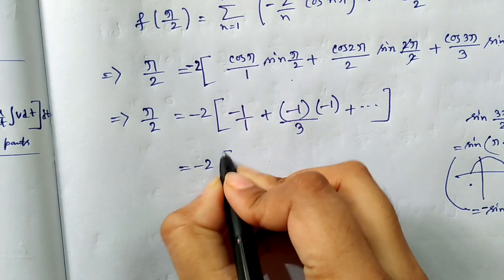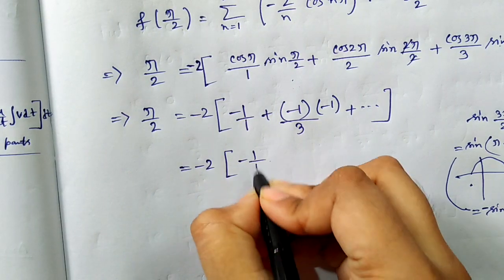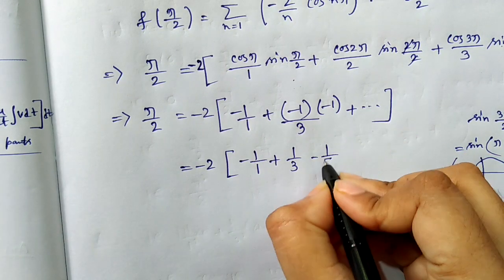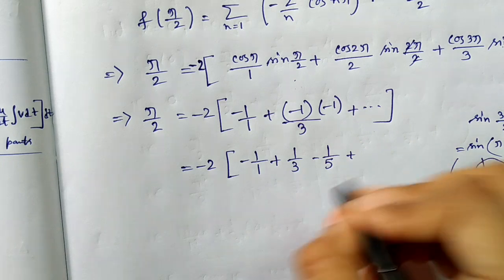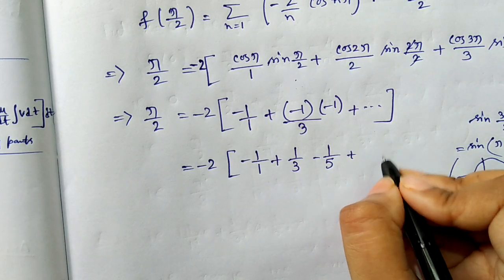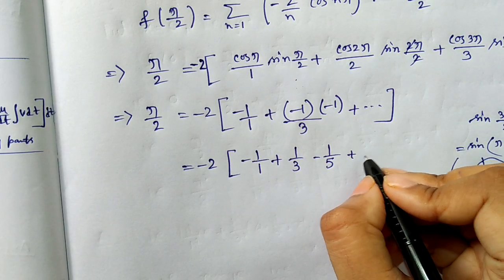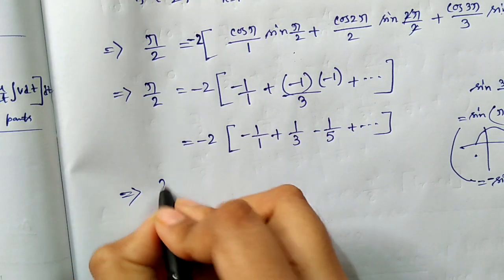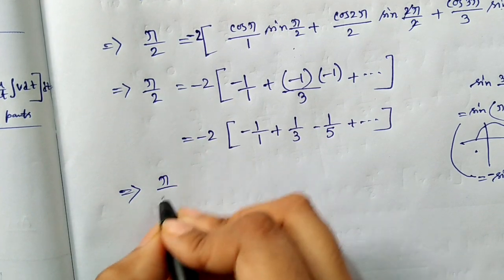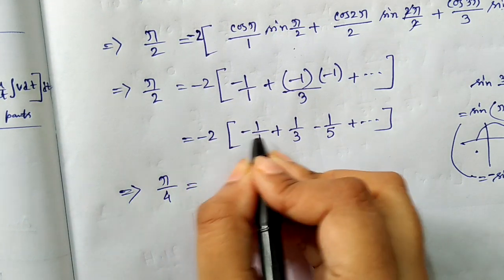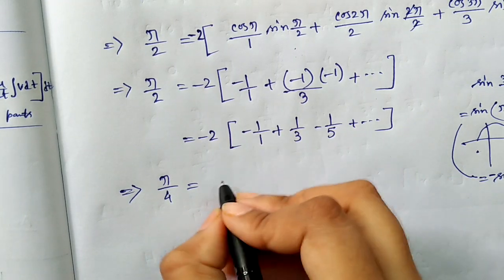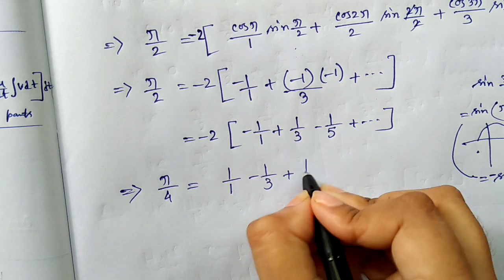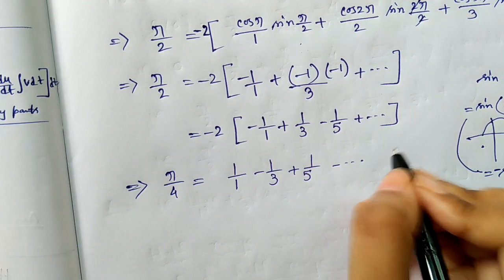Therefore we get minus 2 times minus 1 by 1, this is plus 1 by 3. Again the next term will be minus 1 by 5. If we calculate this, then we get, and so on, plus 1 by 7 minus 1 by 9 and so on. So this is the expression. So we get pi by 4, and minus is adjusted with these terms, so this is 1 by 1 minus 1 by 3 plus 1 by 5 minus and so on.